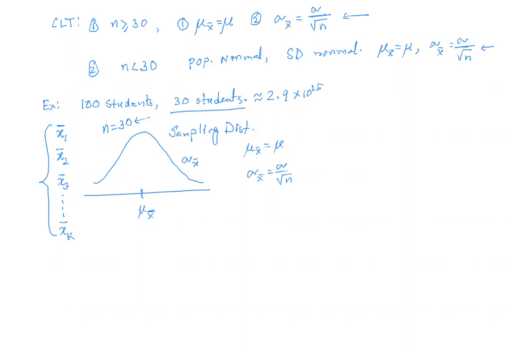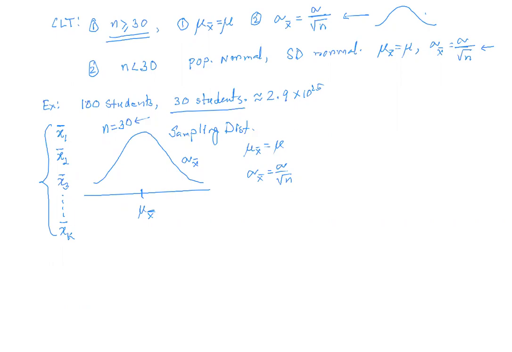Now, these are the conclusions of the central limit theorem. Keep in mind two special scenarios. When n, or the sample size, is greater than or equal to 30, it does not matter what the distribution of the initial population is. The sampling distribution is always going to be bell-shaped. It could be any arbitrary distribution.